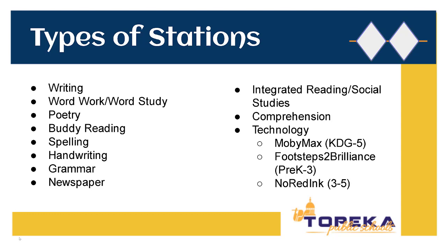You'll see that we have writing, we have word work and word study. That will look different from primary to intermediate. Poetry, buddy reading, spelling, grammar is a great workstation to add. Do you want to have a newspaper station? Comprehension, technology.